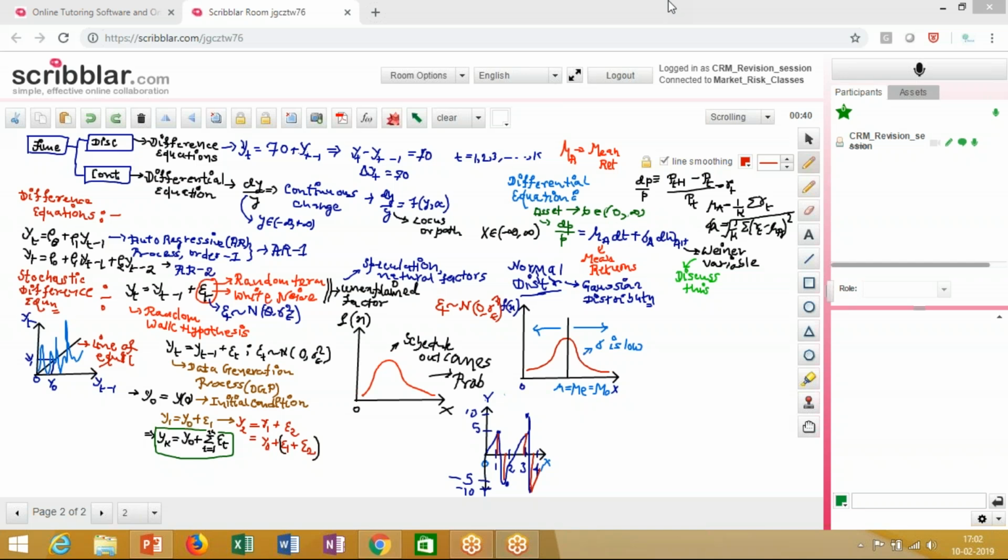With that, we started discussing the concept of differential equations in the last session, right? And when we started talking about that, we thought of discussing it in more relevance to market risk factors, and we considered the asset price risk here.